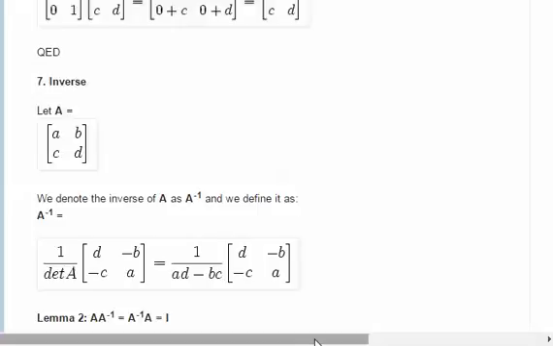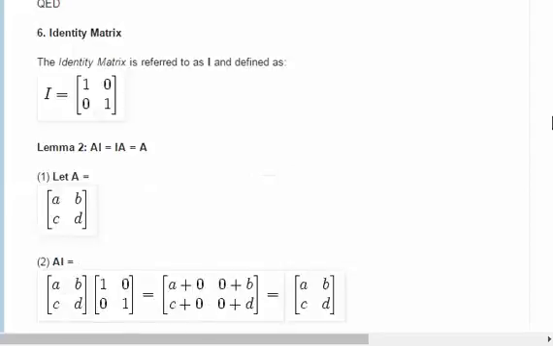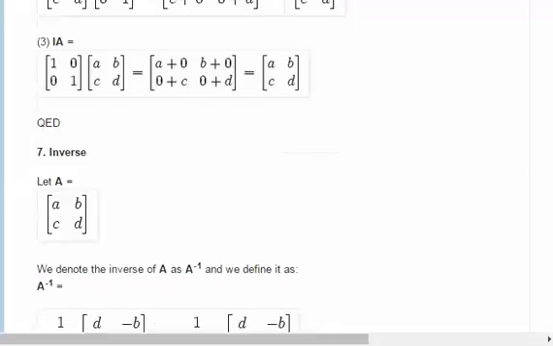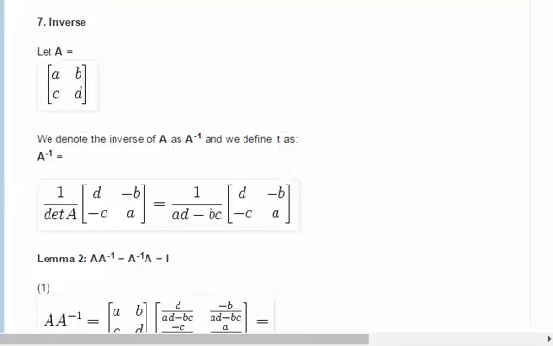Something kind of similar is the inverse of a matrix, and it's related with the idea of the identity. When you multiply a matrix by the identity, you get that matrix, right? The matrix doesn't change. Now the inverse of a matrix, the way that you get it is kind of complex. When you multiply a matrix by its inverse, you get the identity. So it's kind of like dividing A by A, and the identity is kind of like the number 1, then you get a 1, the unit.